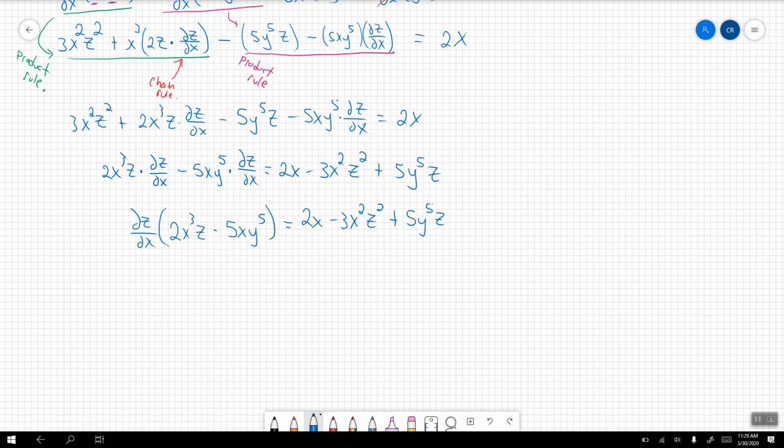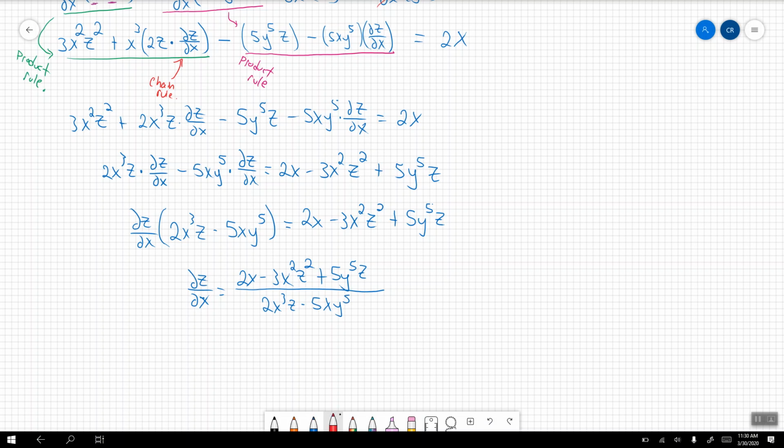Which means at the end of the day we can divide by the left side, so the partial of z with respect to x is equal to 2x minus 3x squared z squared plus 5y to the 5th z, all divided by 2x cubed z minus 5xy to the 5th.